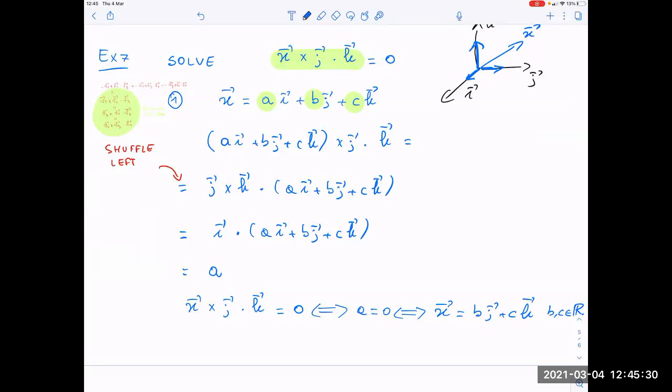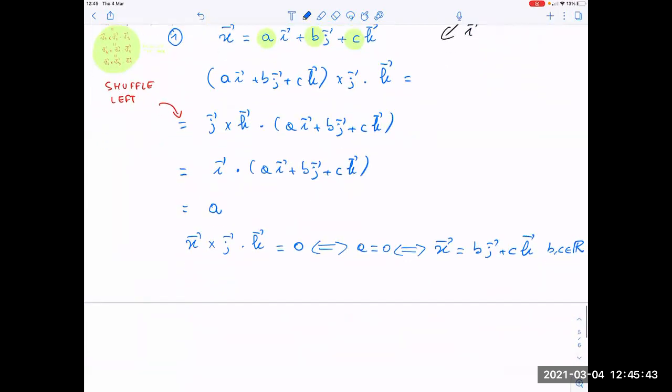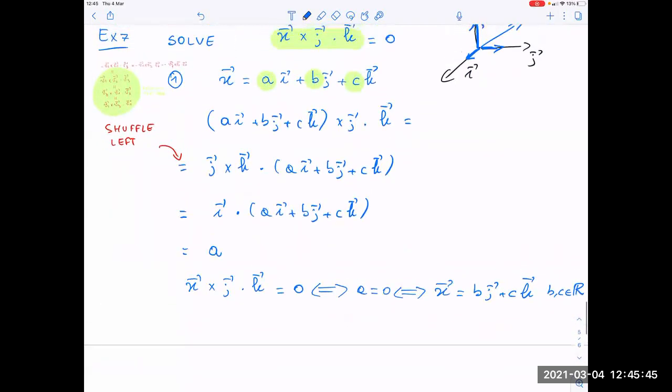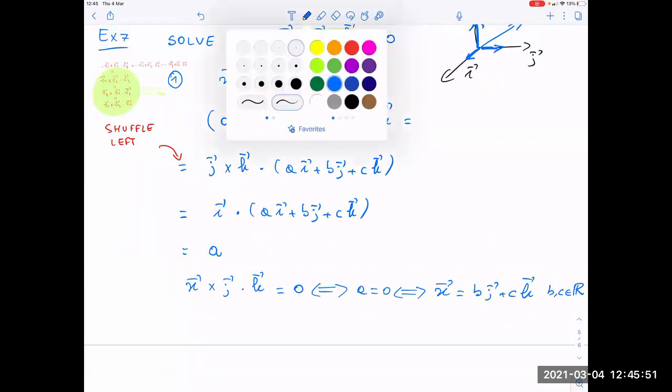Well, if you take b and c equal to 0, for x you get the 0 vector. Yes, shuffling in this case made computation easier, property of the box product. But as I told you, you can solve it also in a different way. I can imagine at least one different way, and probably there are many.